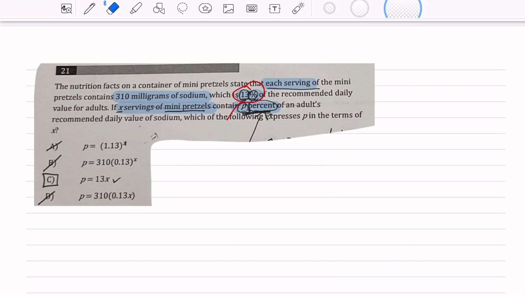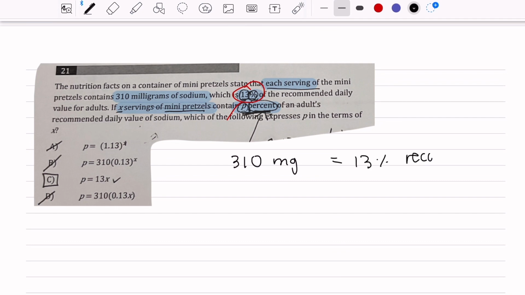So each serving of the mini pretzel contains 310 milligrams of sodium, and this is 13% of the recommended daily value for adults, right? And if you're serving X servings of the mini pretzel, it contains P% of the adult's recommended sodium. Which of the following expresses P in terms of X, right?